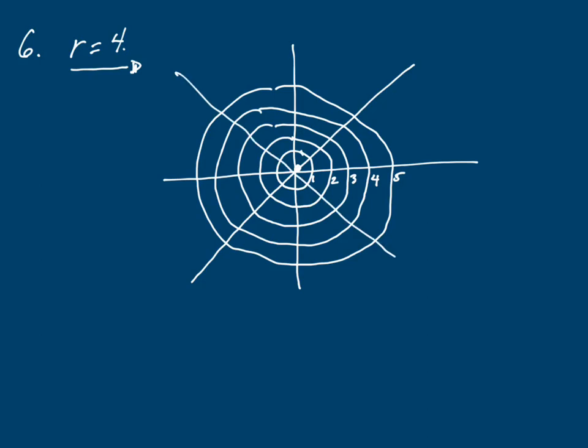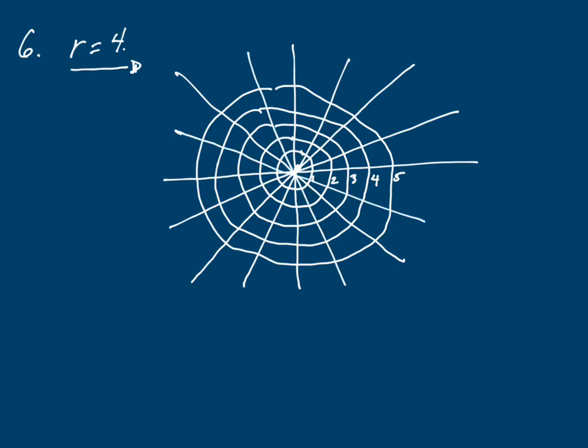So there's your pi over 4s, and then we'll do these narrow pi over 6s. Let me erase some of this so we don't look so ridiculous.